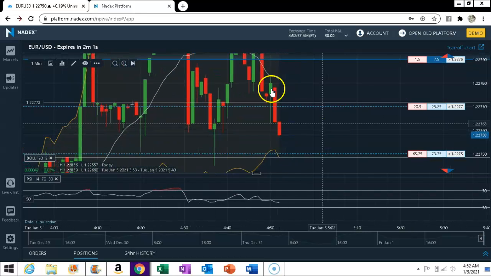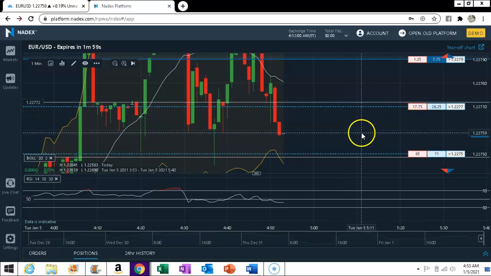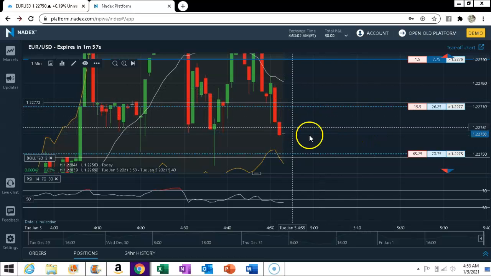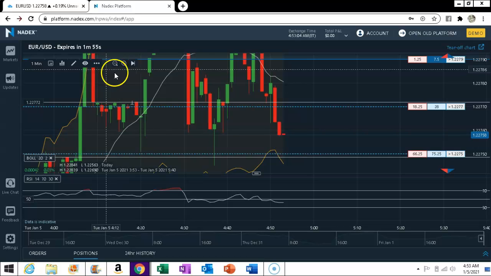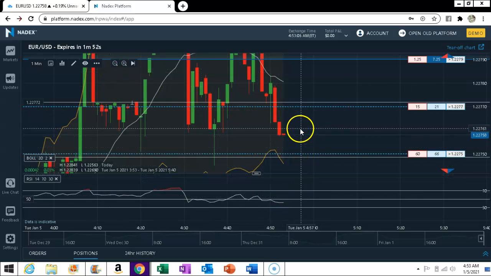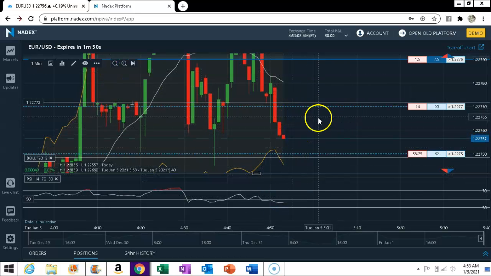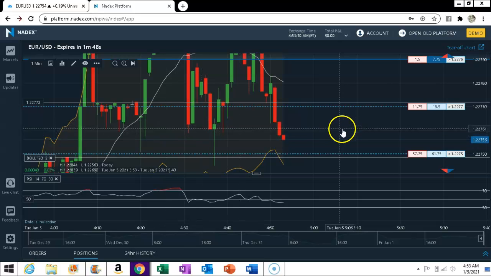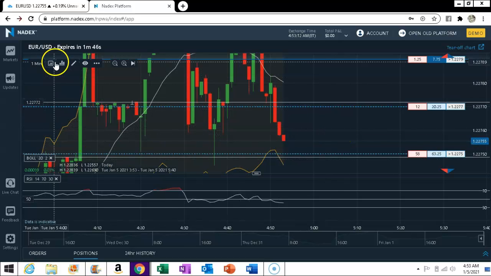I would do that again, and I'll explain these indicators that I have on my chart shortly. I just want to show you how to maneuver through the platform.